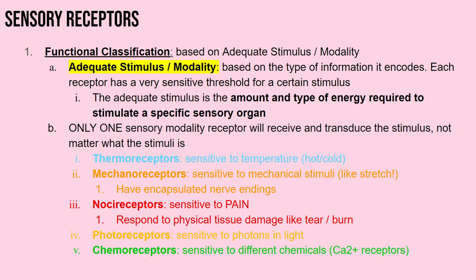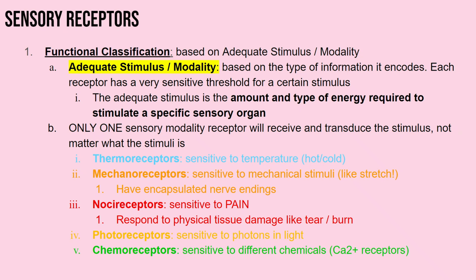So if you have a stimulus, for example, that is both hot and painful, one neuron will only register, if it's a thermoreceptor, it'll only be like, that's hot. Whereas if it's a pain receptor, it'll only know that it's painful. Like you can't have a neuron that senses multiple of the functional classifications. Does that make sense? Okay, cool.